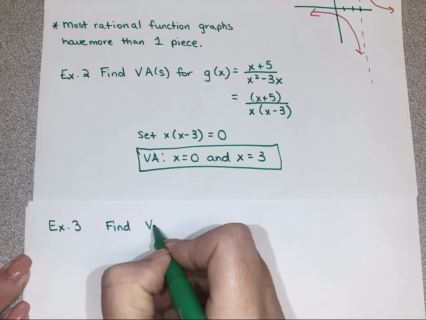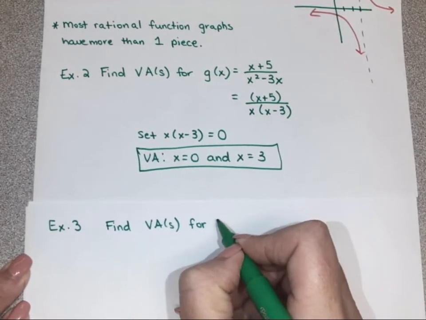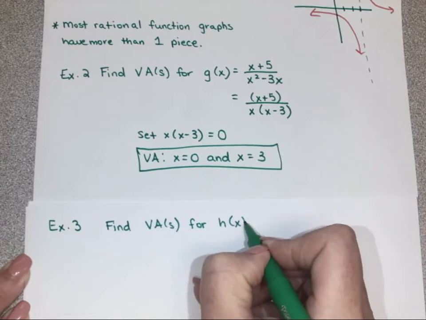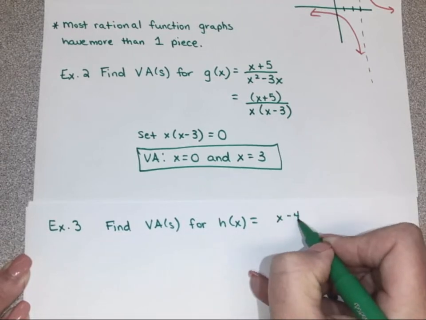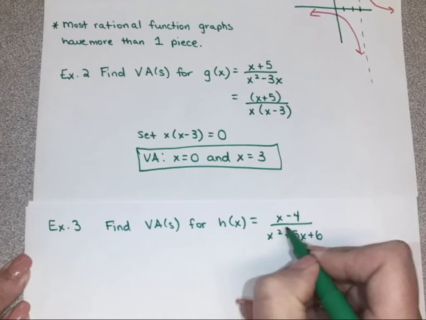So what about this one? Find the vertical asymptotes for h of x equals x minus 4 over x squared plus 5x plus 6.